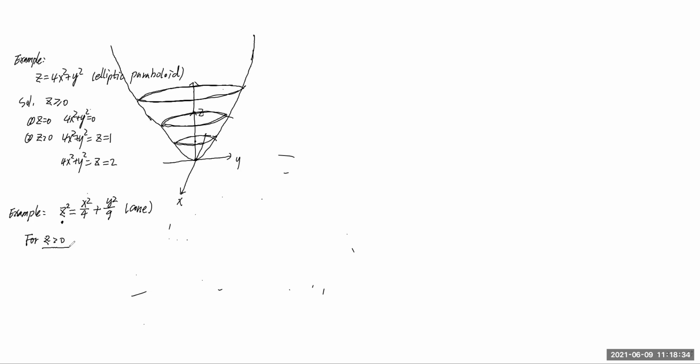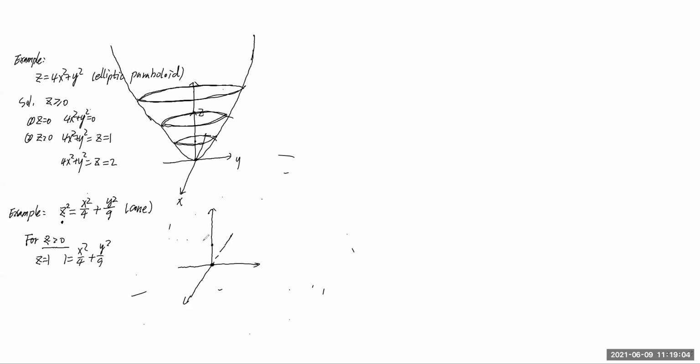Of course, when z is 0, what happens? When z is 0, x and y are 0, just a point. And then when z is greater than 0, for example, when z is 1, this is 1 equals x squared over 4 plus y squared over 9.